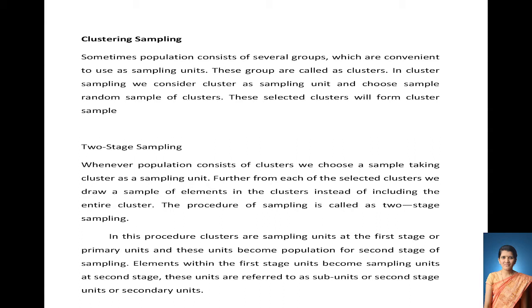In this procedure, clusters are the sampling units at the first stage, and the elements of these units become the population for the second stage of sampling. An element within the first stage unit becomes a sampling unit at the second stage, and these units are referred to as subunits or second stage units or secondary units.